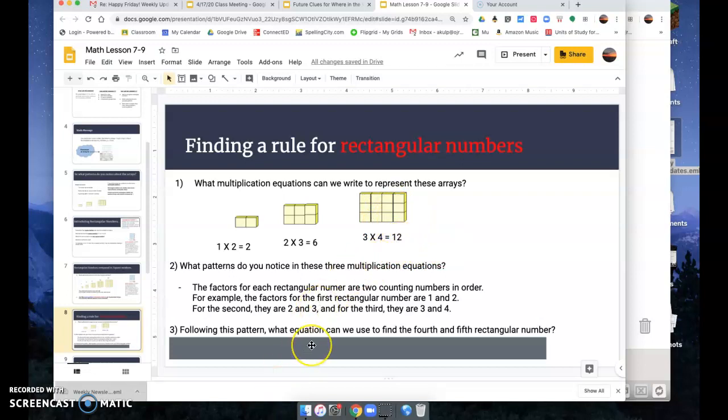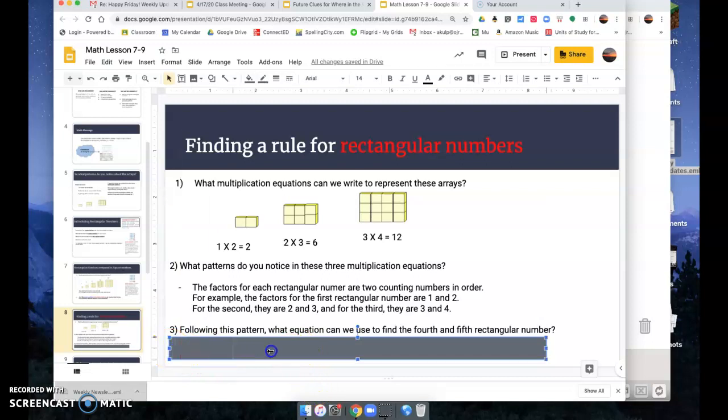So following this pattern, what equation can we use to find the fourth and fifth rectangular number? Well, for the fourth one, if we've learned that the factors of each rectangular number are two counting numbers in order, and if you notice the pattern, like on the third one, it was 3 and 4. So for the fourth one, hopefully you're thinking 4 and 5 would be the two factors.